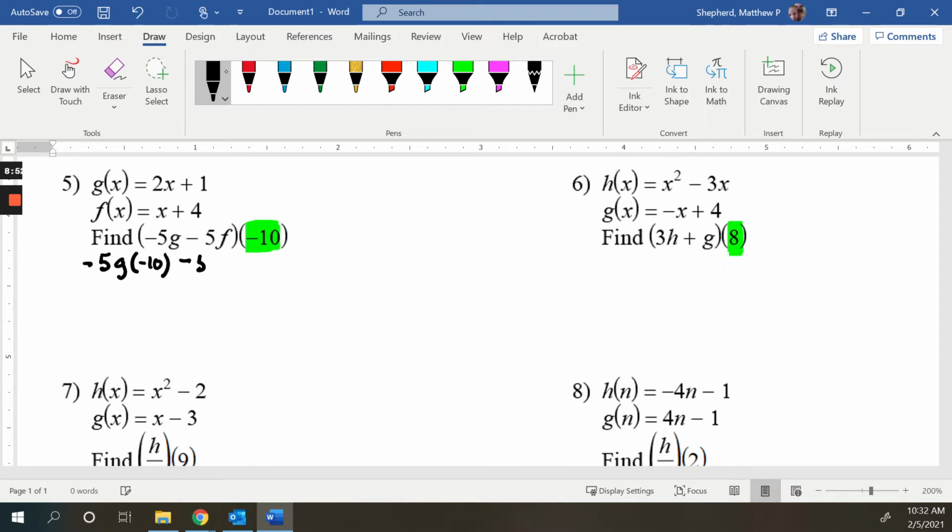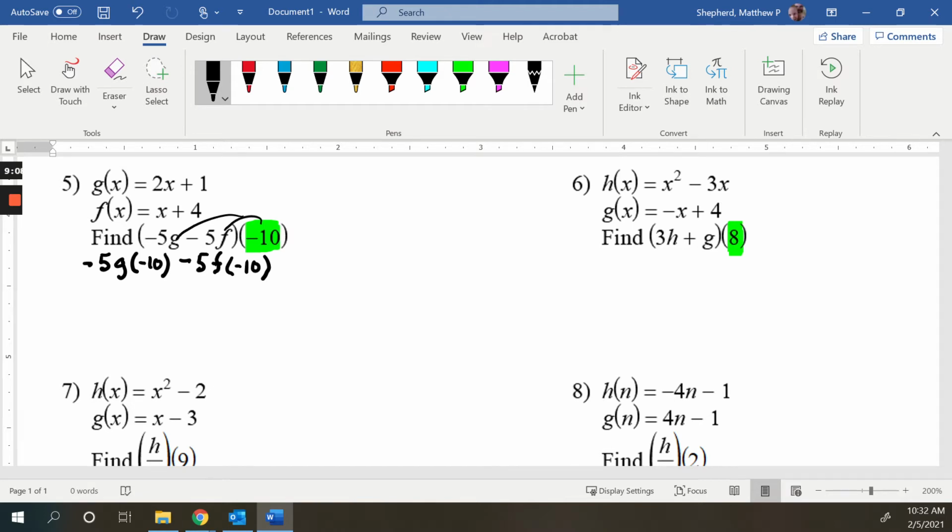Then we have the minus 5 multiplied by f of negative 10. So notice this negative 10 is just the input for both of those functions.